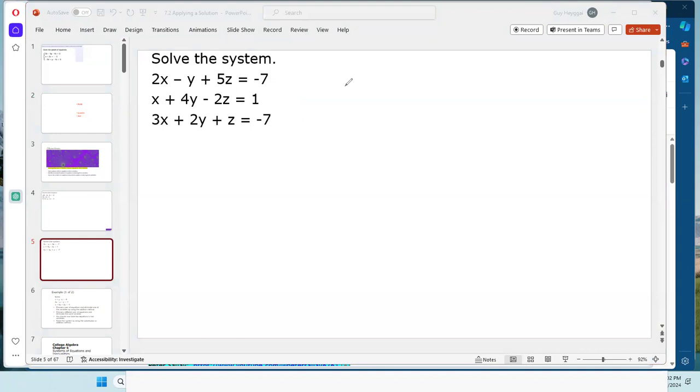And so that starts with solving one equation for one variable. We'll solve for y in the first equation.